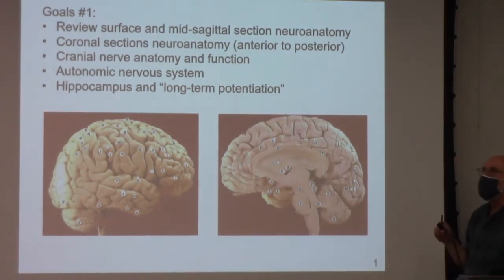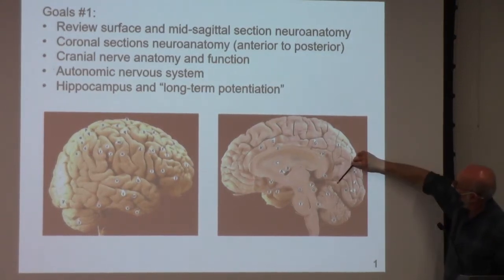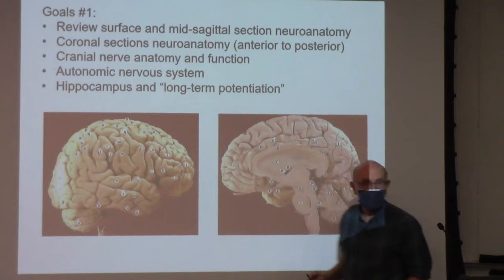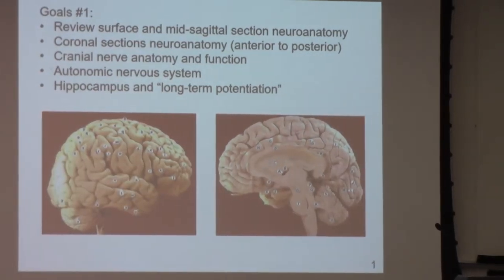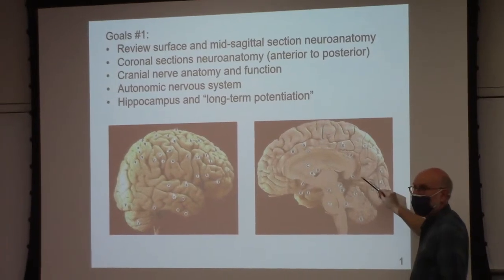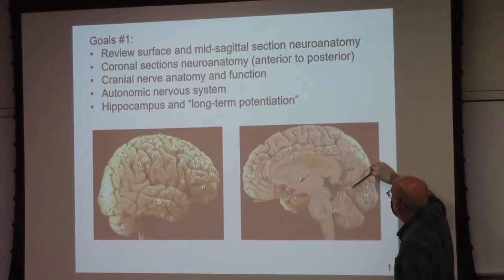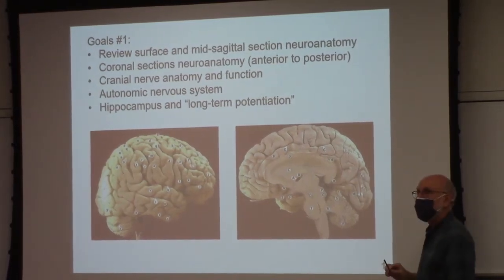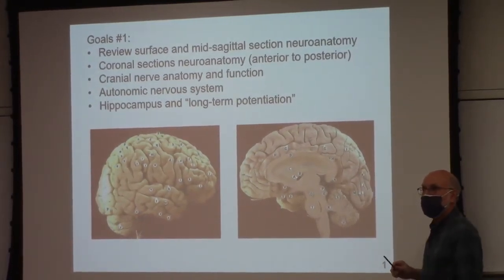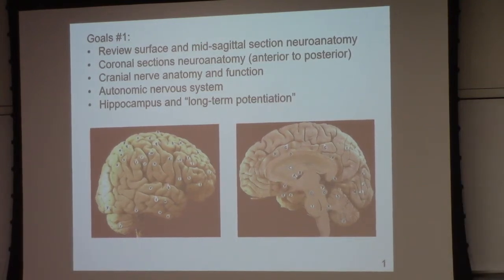Okay, just a couple more. Zoe, what's the name of this sulcus right here? It's got a logical name based on this lobe and this lobe. Is it the occipital? Close.